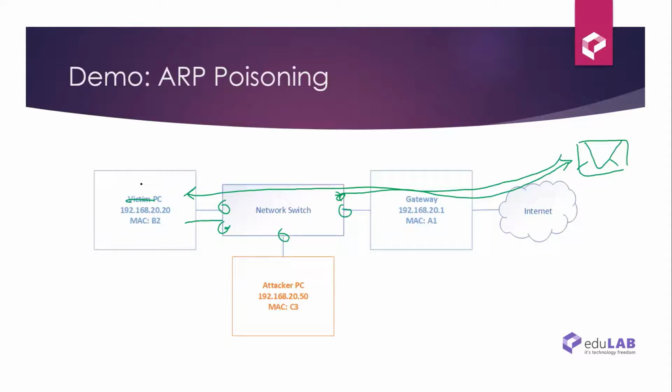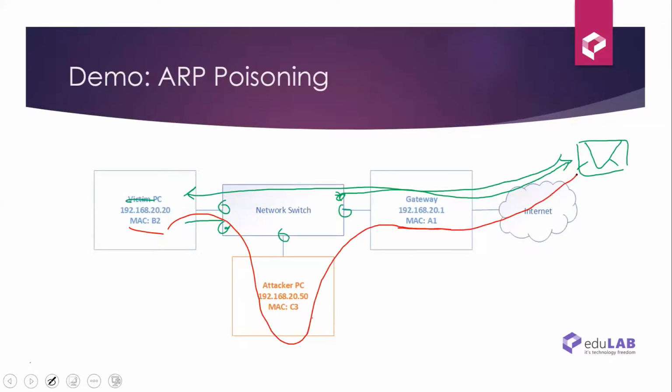Once we start poisoning the MAC for this computer and for this gateway, the traffic is going to start flowing through the attacker's PC, back to the gateway, and then to the internet. Once it starts traveling through the attacker's computer, this is where we can start scanning and sniffing the packets. And we can sniff a lot of things out, like passwords, what users are opening, and so on.